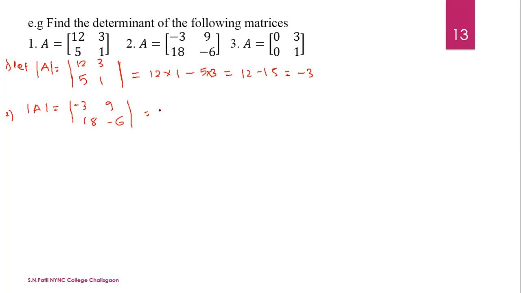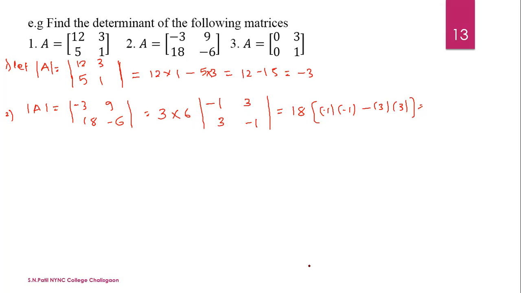We take 3 common from the first row, leaving minus 1 and 3. In the second row 6 is common, leaving 3 and minus 1. So 6 into 3 is 18, and in brackets minus 1 into minus 1 minus 3 into 3.